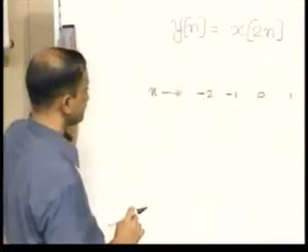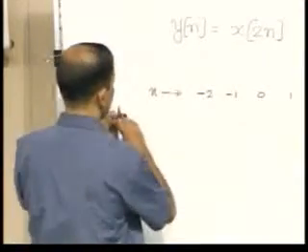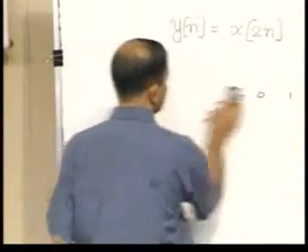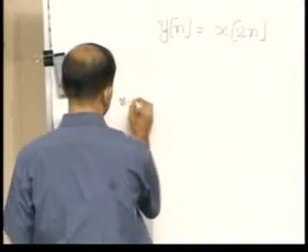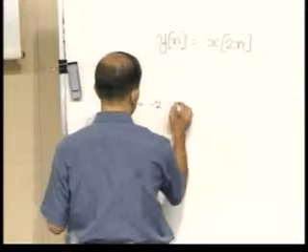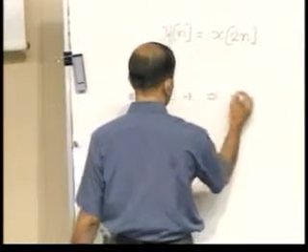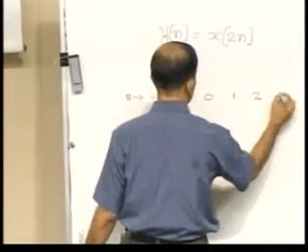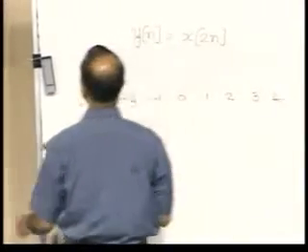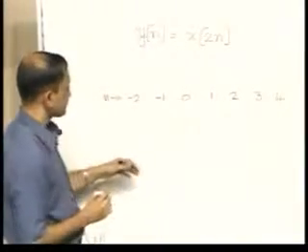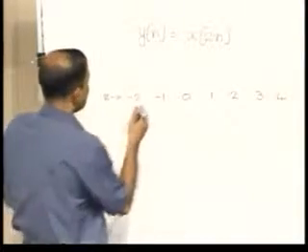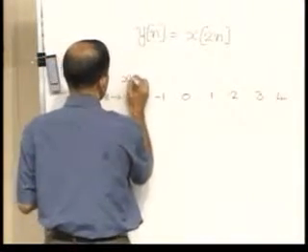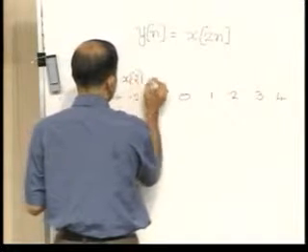Let us write a little bit on this side. Now, what are we doing? You see, we have the sequence x. So, let us write x of minus 2.